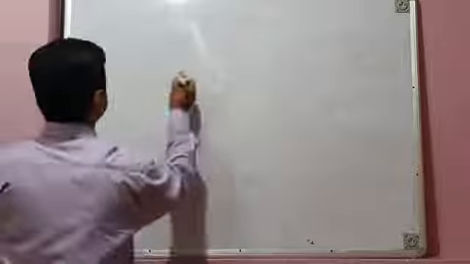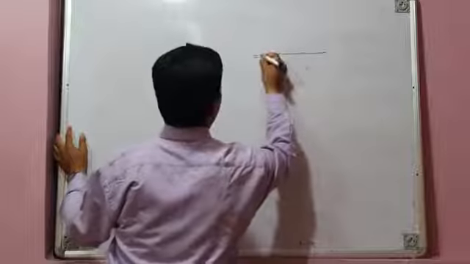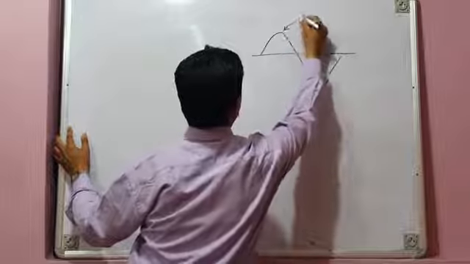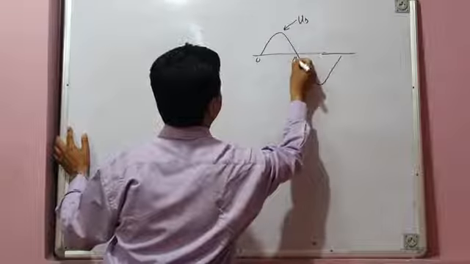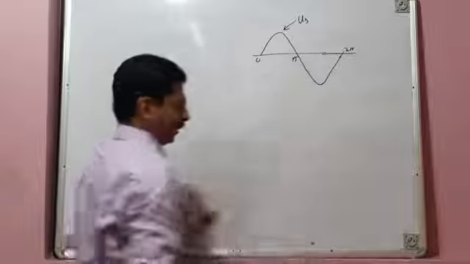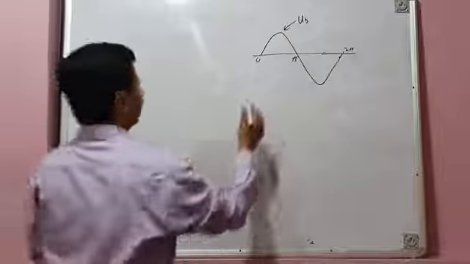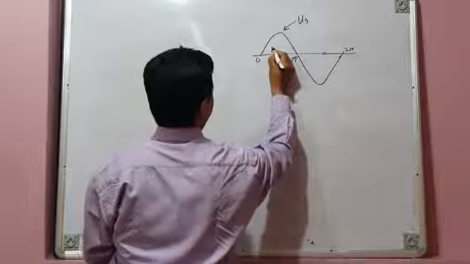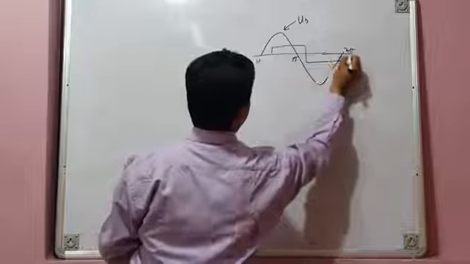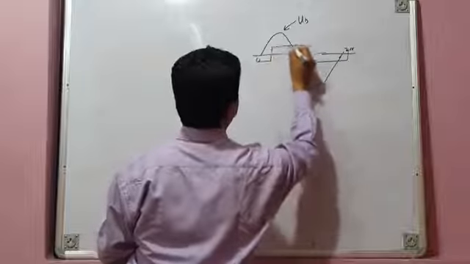Now, as you already know, if this is your source voltage waveform, let me take one cycle, 0, pi, 2 pi, and for a sufficiently inductive load, if you go back and turn the pages of your notebook, this is the nature of load current.